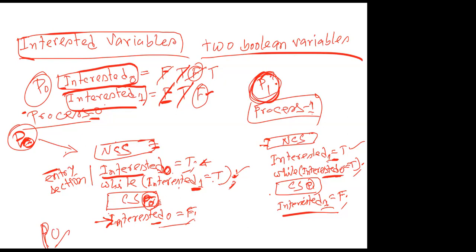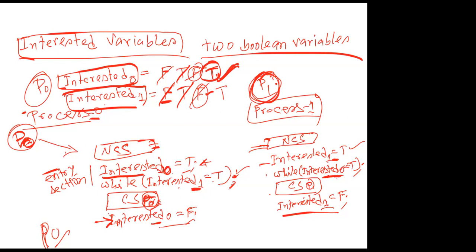P1 will execute this line and make its interested flag true, meaning I am trying to enter the critical section, and then it will check whether interested[0] is true or not. Interested[0] is currently true, meaning it is interested in entering the critical section, or it is currently inside this critical section.